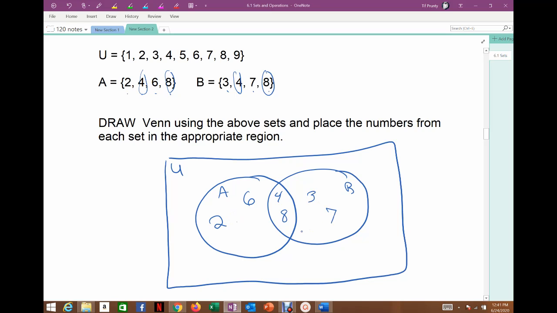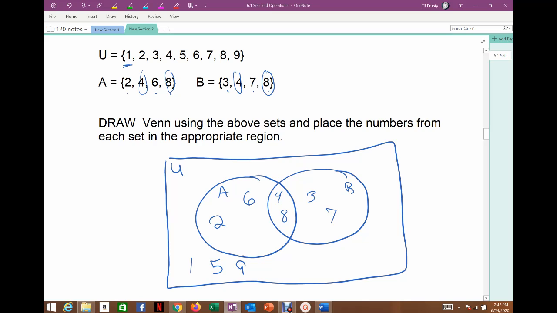I'm not done yet. My universal set has to have all of the numbers between 1 and 9, and I haven't put all of them in there, because there are some digits in my universal set that are not in subset A and not in subset B. 1 is not in A or B. 2 is, 3 is, 4 is, 5 is not in subset A or B, 6 is, 7 is, 8 is, 9 is not.